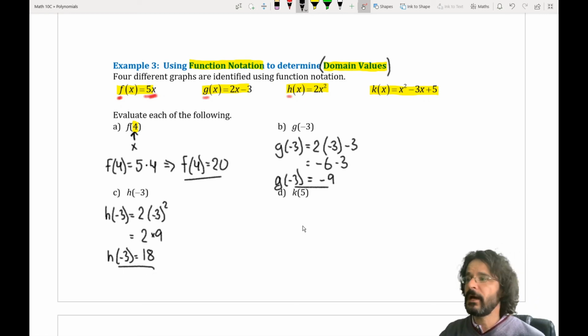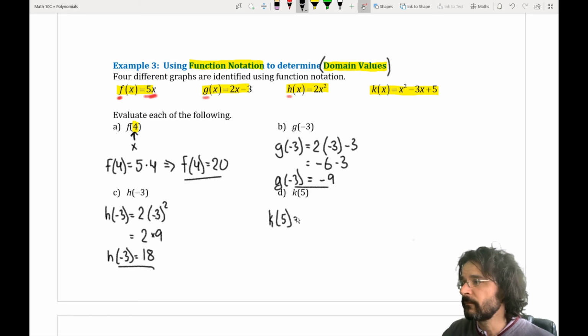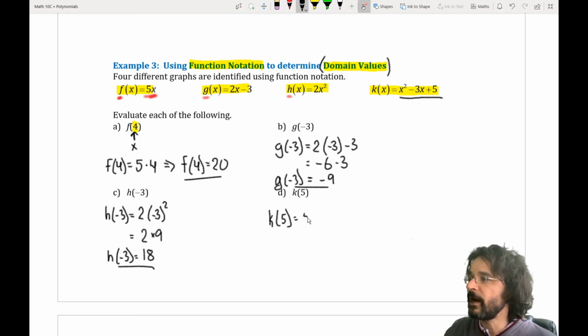And then finally we have D. We want to evaluate k of 5. So it's going to be k of 5. And k of x is x squared minus 3x plus 5. So it's going to be 5 squared minus 3 times 5 plus 5. 5 squared is 25.